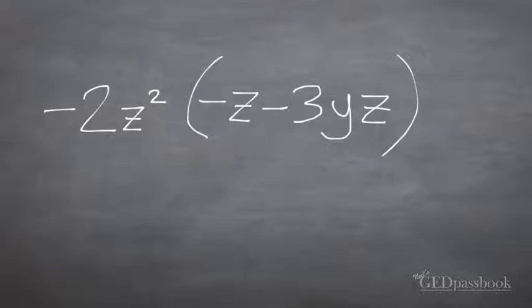Negative 2z squared times negative z minus 3yz. So, this is a monomial times a binomial.